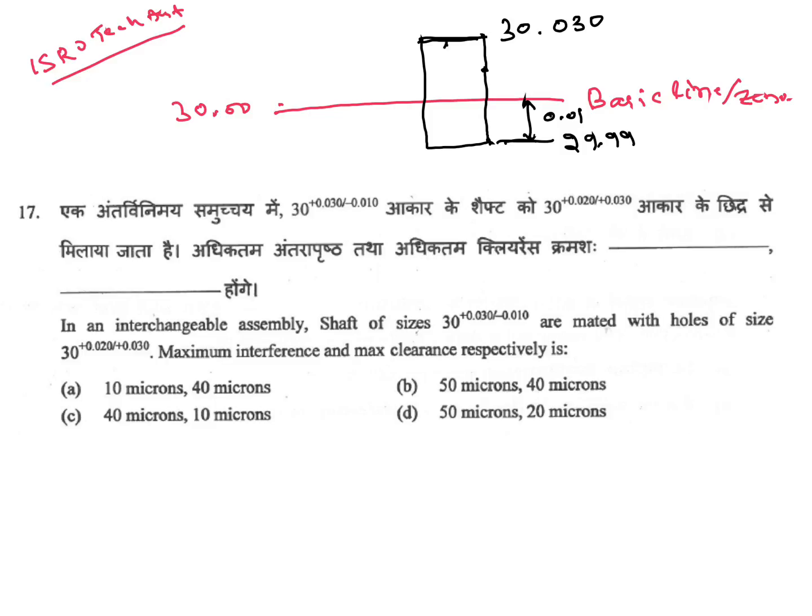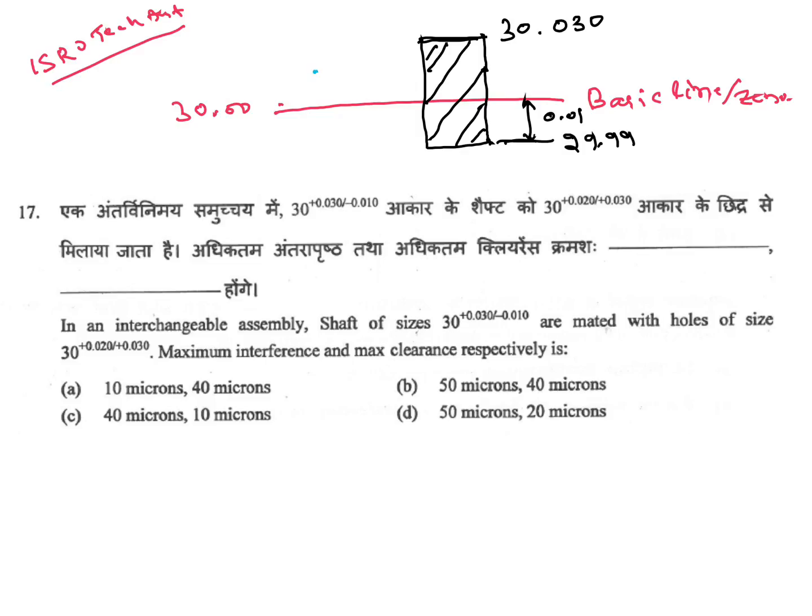Then for the hole we have to write: for hole, dimensions are all positive. So 30.020 first, minimum diameter starting from 30.